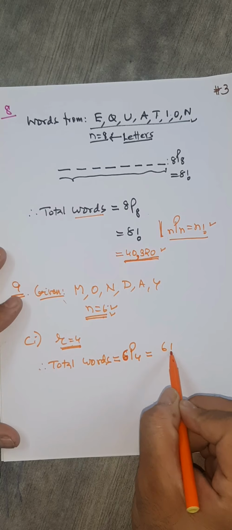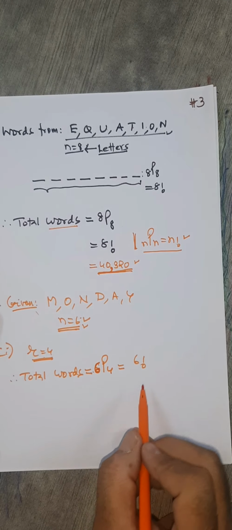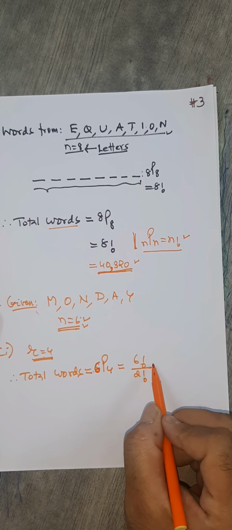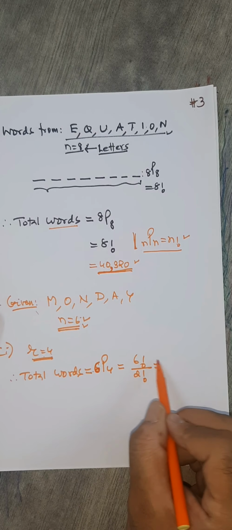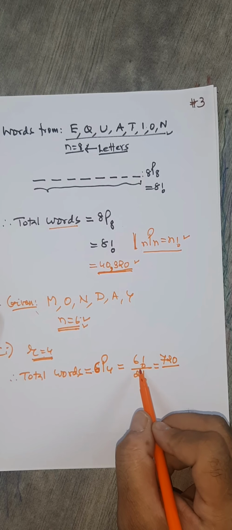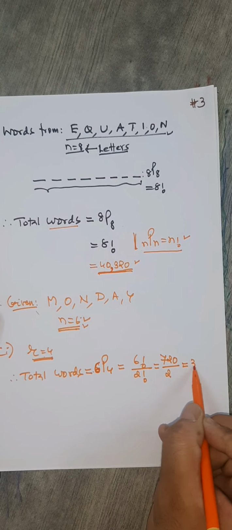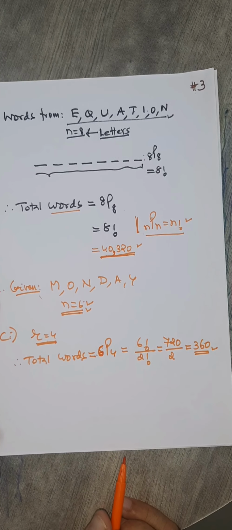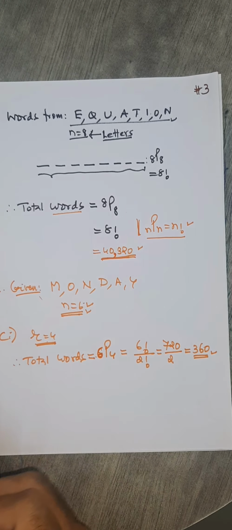You know it is 6 factorial upon 6 minus 4, that is 2 factorial. 6 factorial आपको पता है, you can simplify. 6 factorial is a standard value. You should know at least up to 6 factorial. 720 by 2. So we'll get 360. So 360 words can be formed using 4 letters out of the 6 letters.